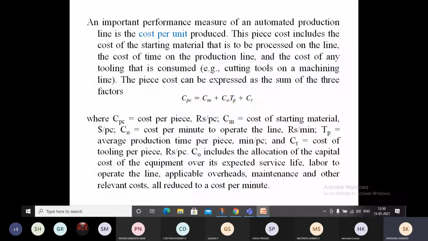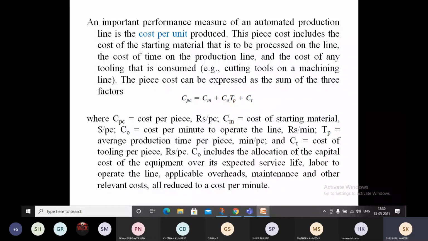Many other costs also can be included in this, for example, cost of downtime, the cost of the raw material, and the cost of the waste product. All these will give you the cost per piece. So CPC is equal to CM plus C0 TP plus CT. This is the equation.